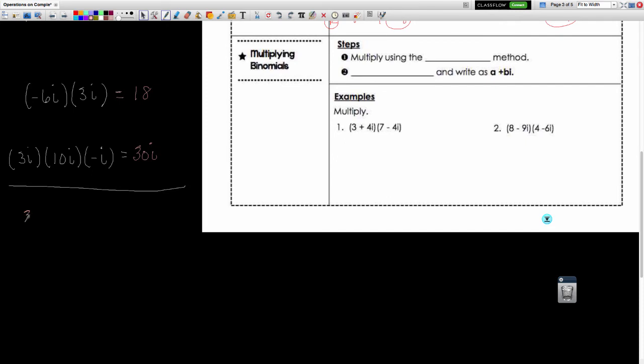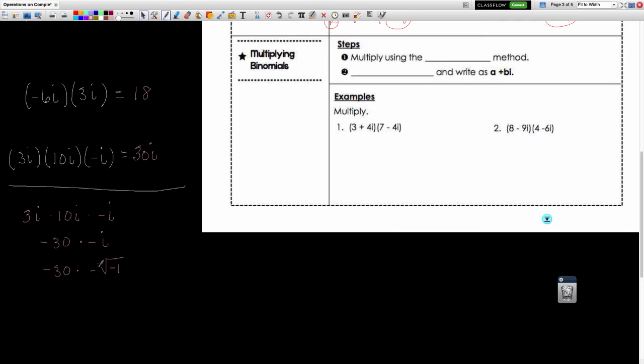You've got 3i times 10i times a negative i. Well, this should not have been a problem. So you have negative 30 times negative i. This is the same thing as negative 30 times the opposite of the square root of negative 1.